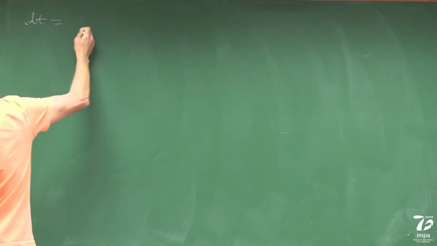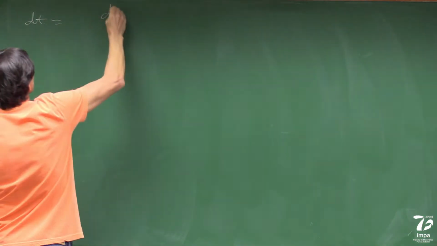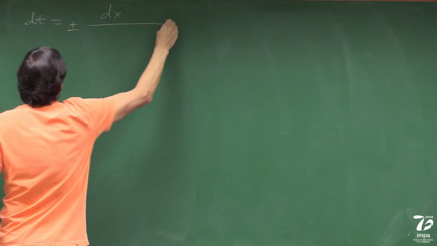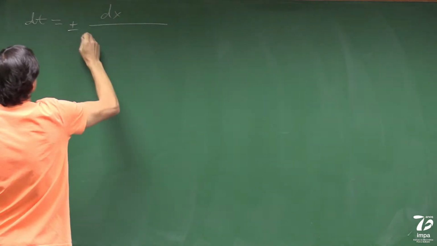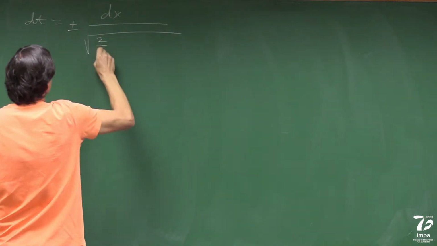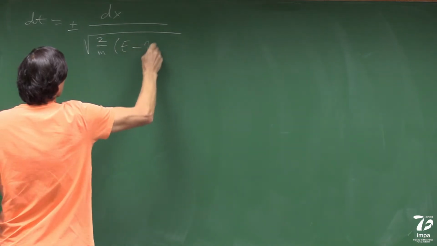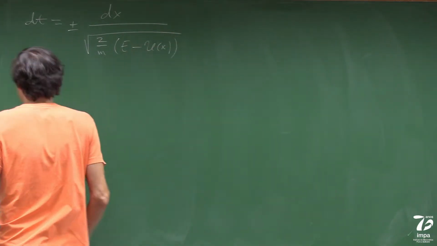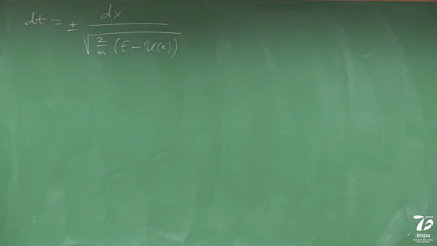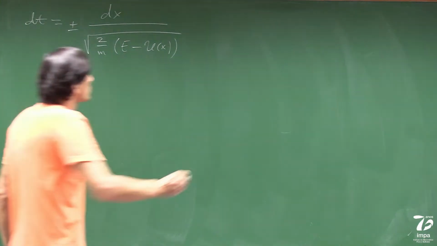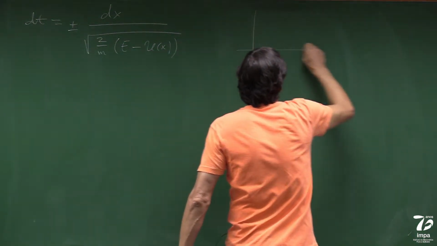dt will be dx plus minus. Okay, so the next thing is to repeat this plot.